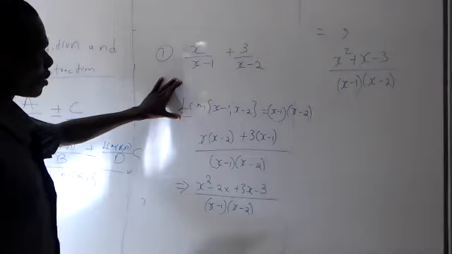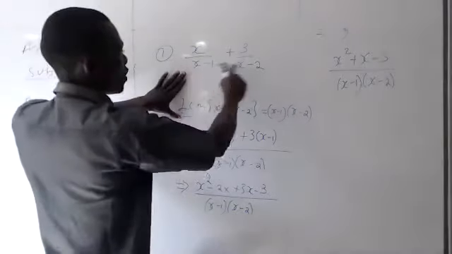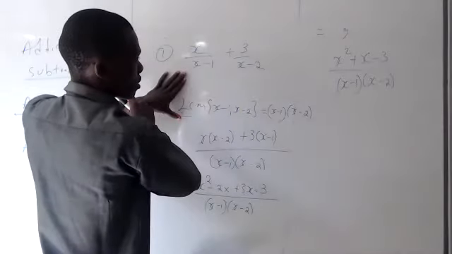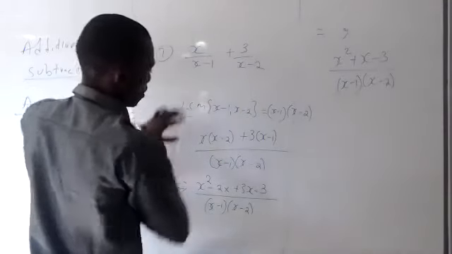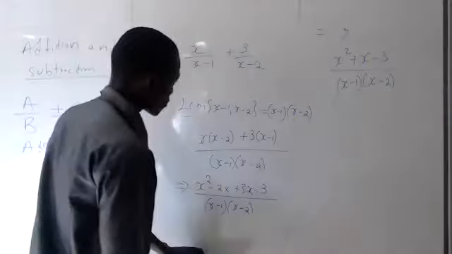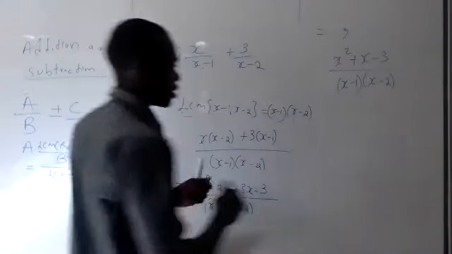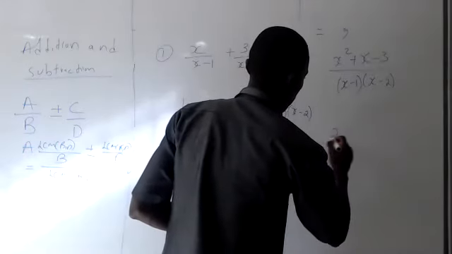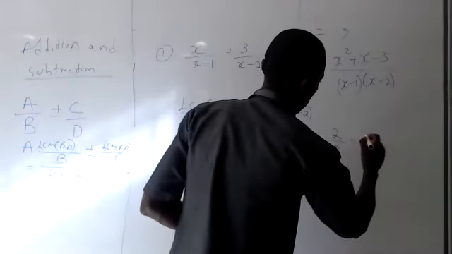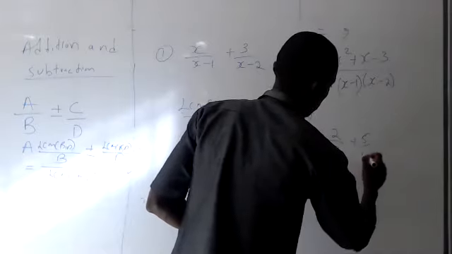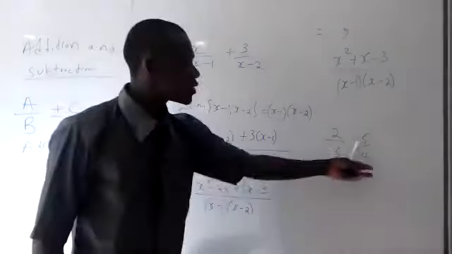I started by finding the LCM of the denominators, which happens to be their product. Then, just the way you add fractions. How do you add fractions? For example, if I gave you 2/3 plus 5/4.